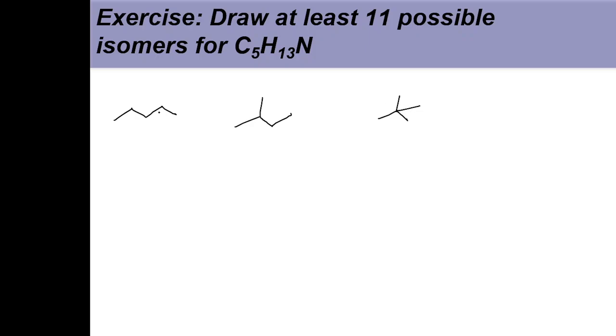Now with the linear ones, we can have amines attached to the terminal carbon. We can have the amine attached to the second carbon. We can have the amine attached to the carbon in the center.